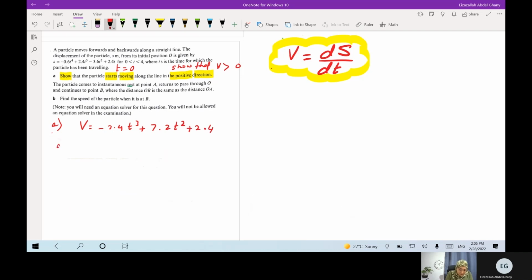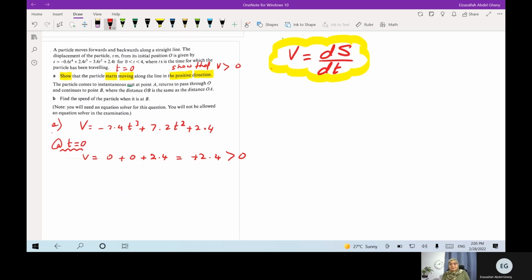And now we'll substitute at t equals 0. Velocity will be 0 plus 0, plus 2.4. So velocity will be positive 2.4, which is greater than 0.